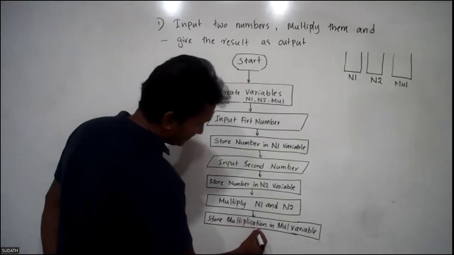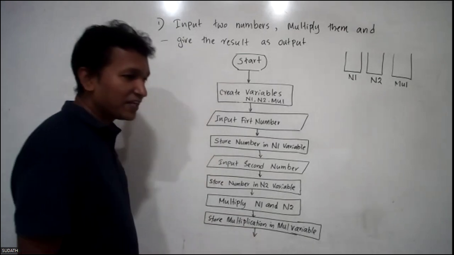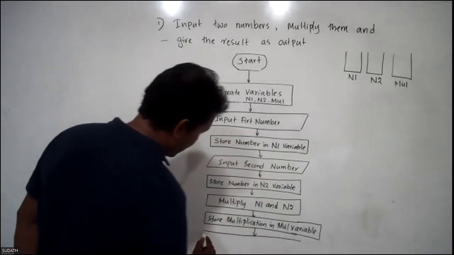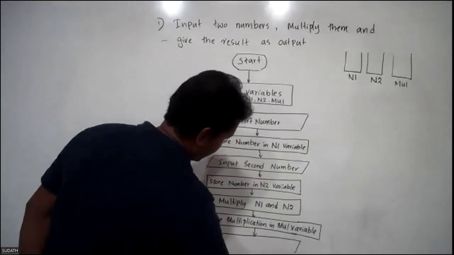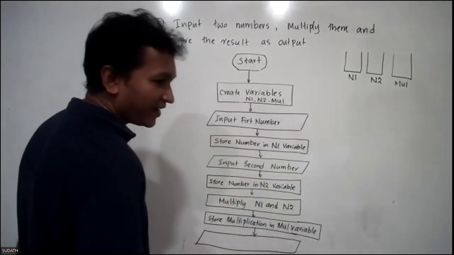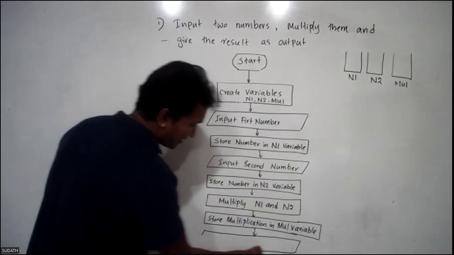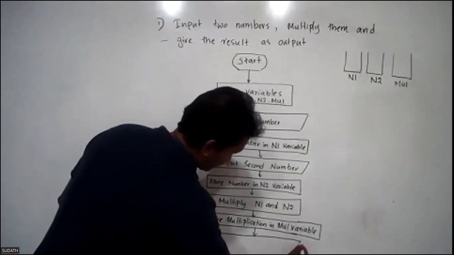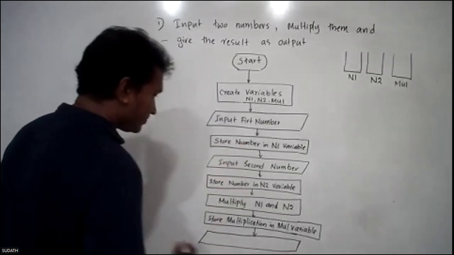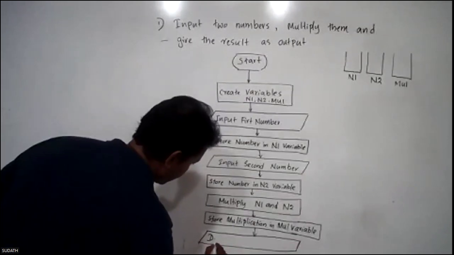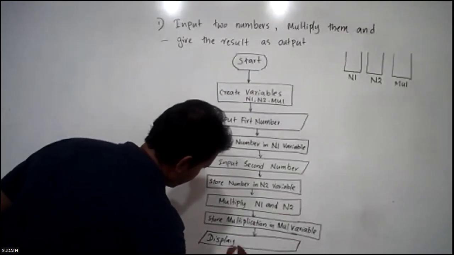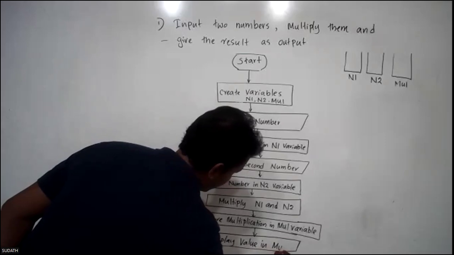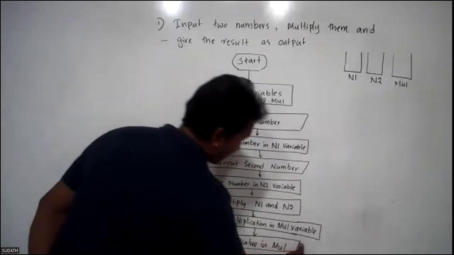Finally, what do we need to do? We have to display the output. That is the output. Where is our value now? In the MUL variable.